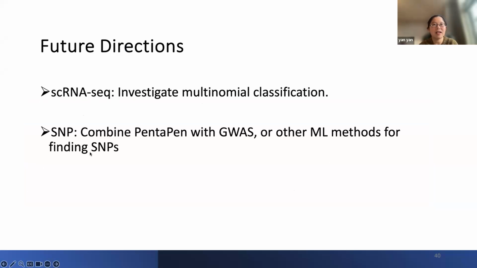And for the SNPs, as we mentioned briefly, we're hoping to combine PandaPen with GWAS to see if we could get better reported SNPs, or use some other machine learning models to find those associated SNPs. Nikita, my student, also investigated a Bayesian deep learning model for finding important SNPs in her thesis, so that's another candidate method that we could use as well.